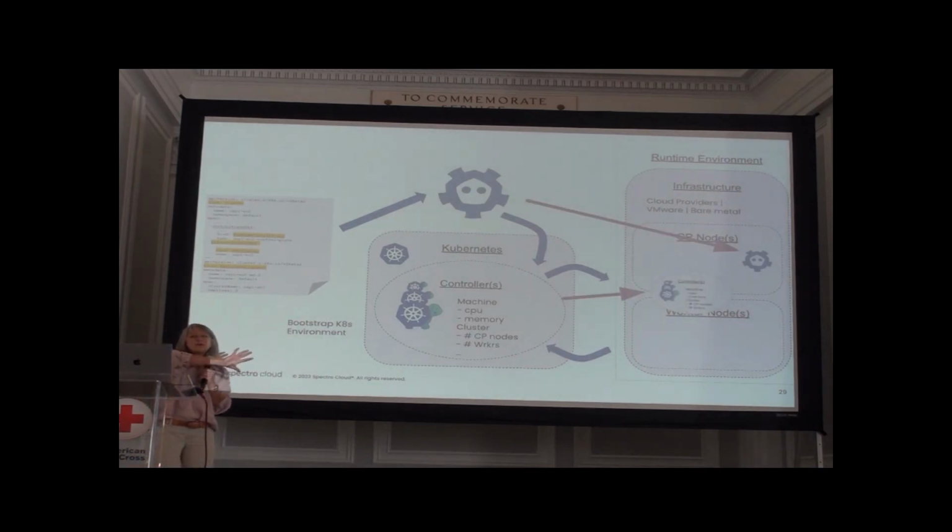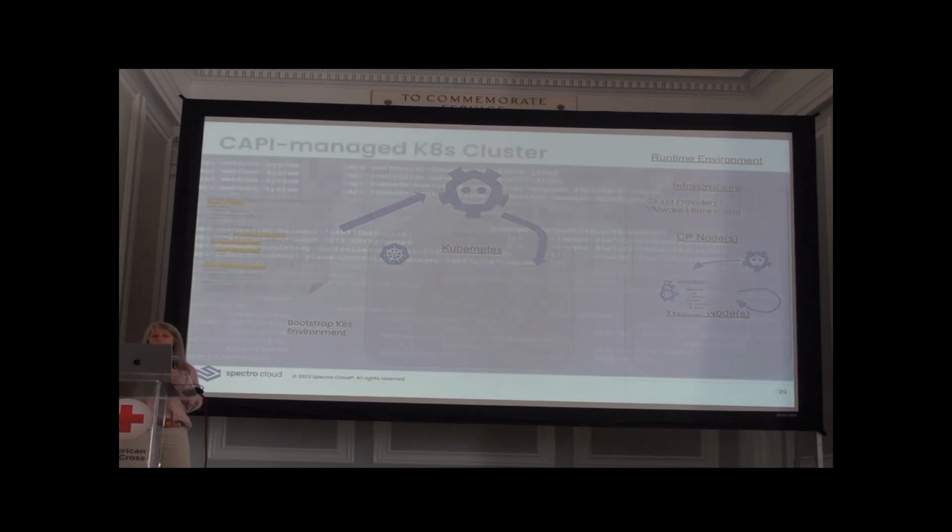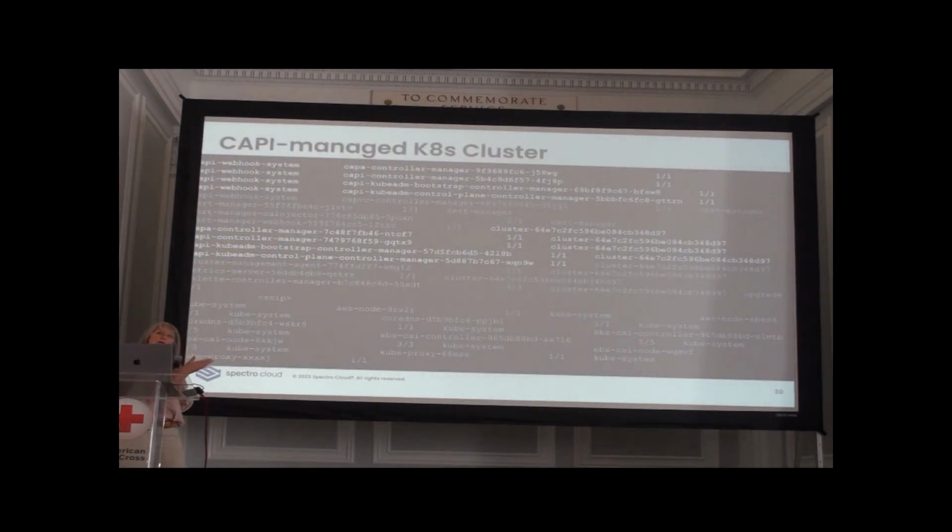And we move everything from that bootstrapping cluster into the cluster itself, which allows us to then get rid of the controller on the bootstrapping cluster, and now the cluster is managing itself. So that, again, is another one of those things. Last screenshot here, again, you can see that there's a whole bunch of controllers, the CAPI and the CAPA controllers, and you can see the different components that are running in there.